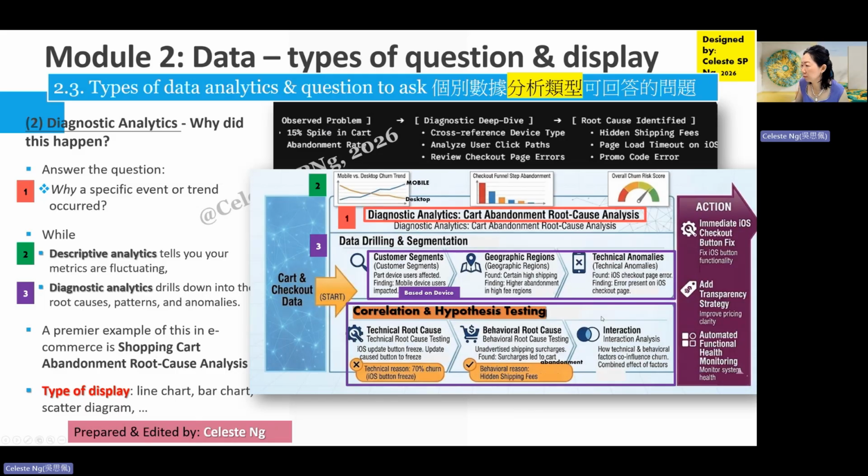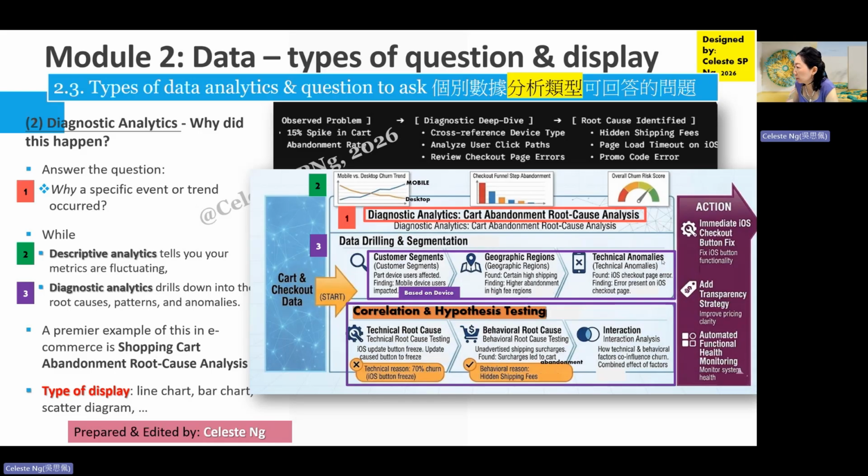And then from this region, if we observe that there's a technical abnormality, then we can say that we have found the error. You can spot some reasons that cause this cart abandonment.